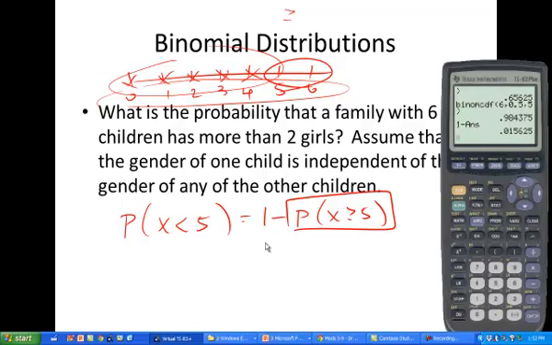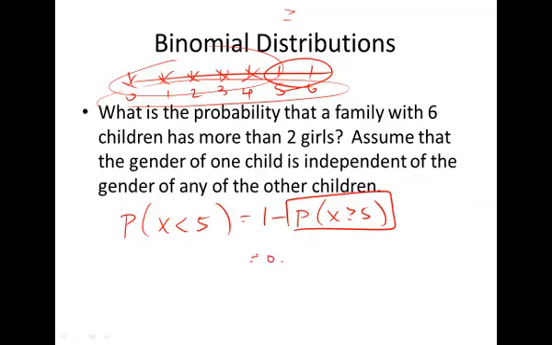So the probability of fewer than 5 girls is 0.015. That doesn't seem to make sense.